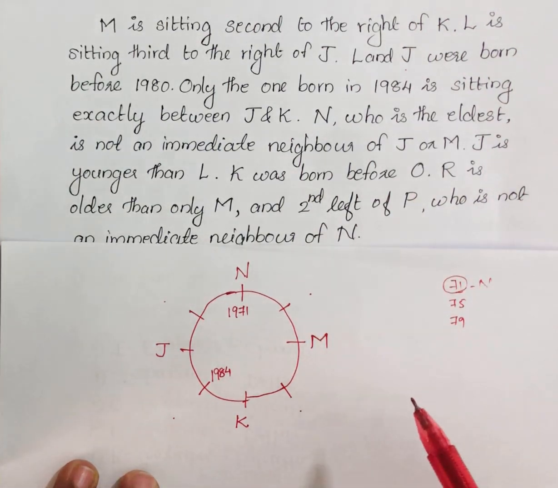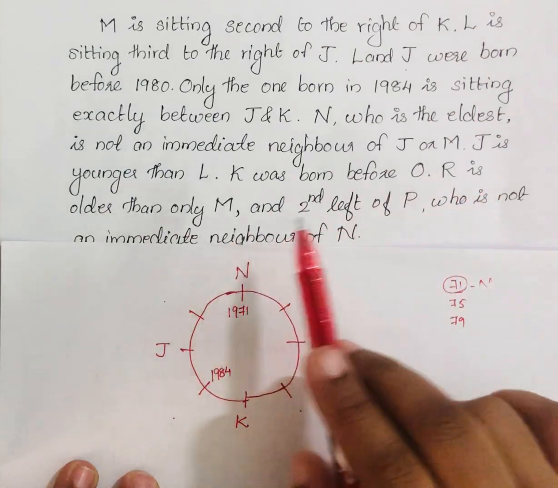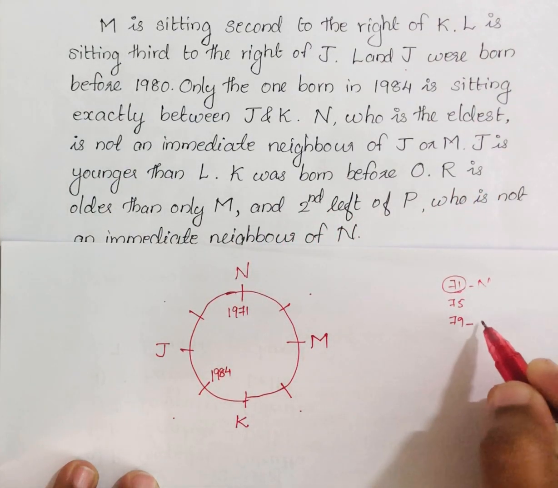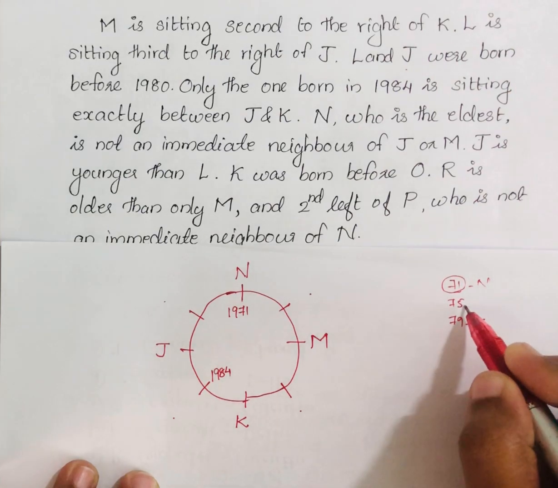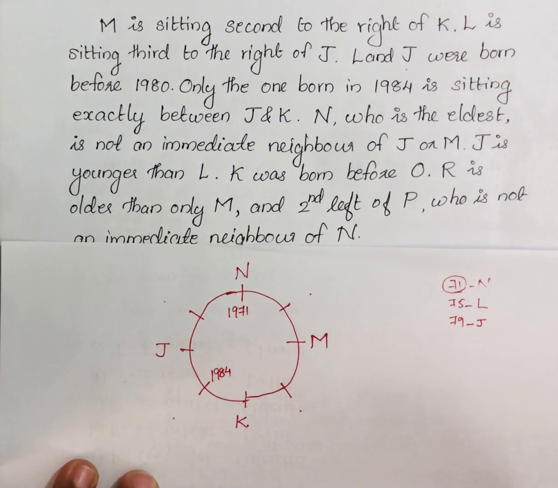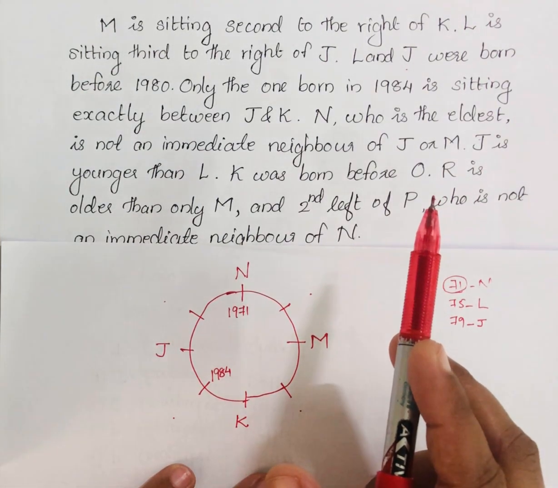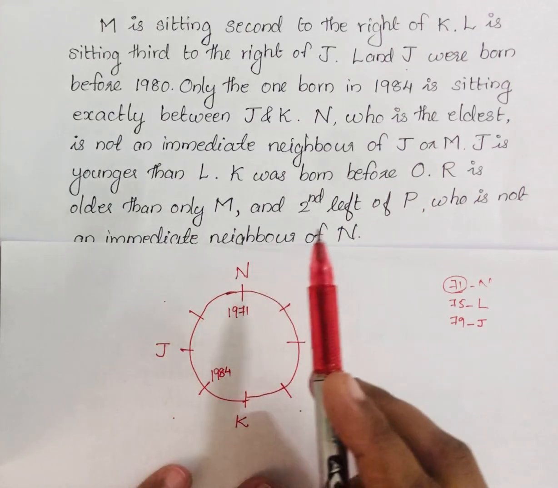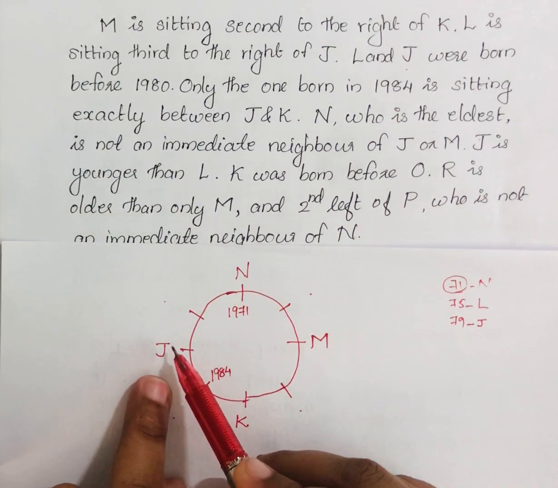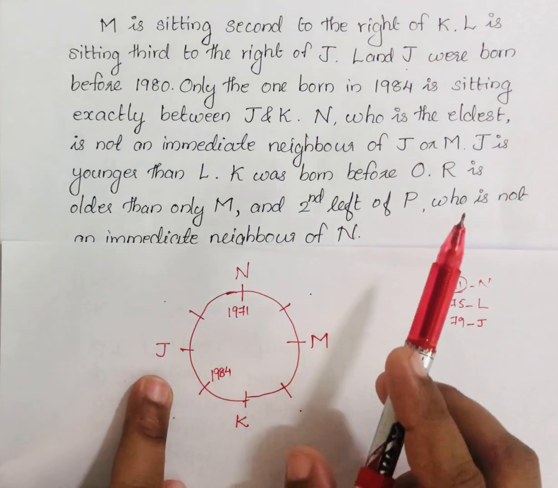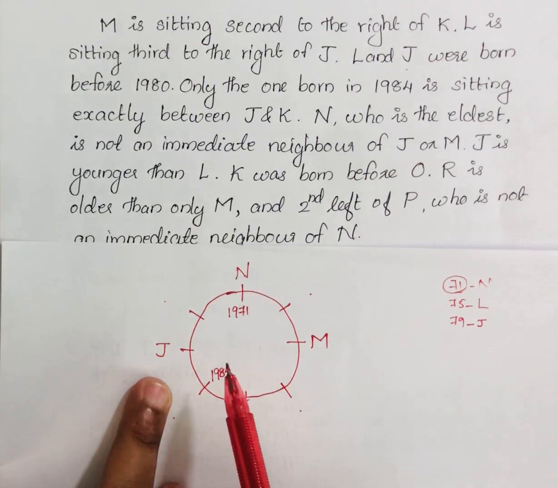It is given that J is younger than L, so J is 79 and L is 75. But we have to find out the place of L also. Then we skip to our second condition. It was given L is sitting third to the right of J. Already we got the place of J. L is sitting third to the right of J.